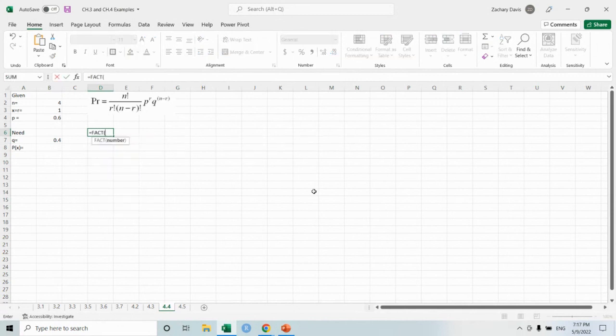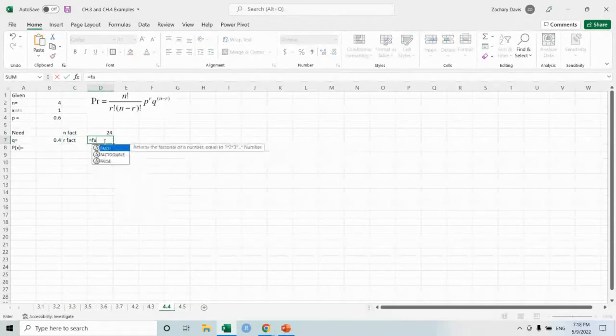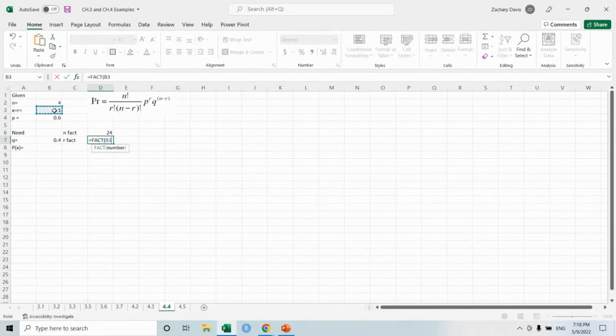So n factorial, in fact, r factorial, okay, this will be 1. Then we have n minus r factorial.